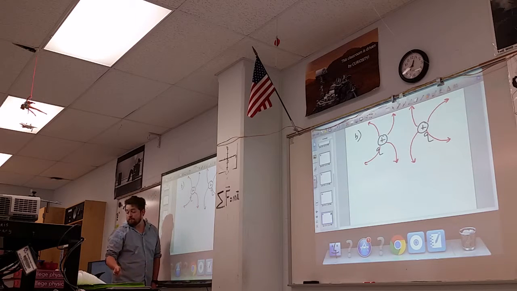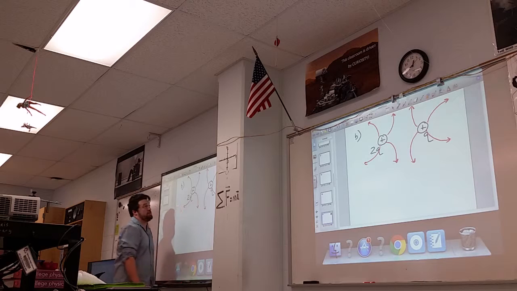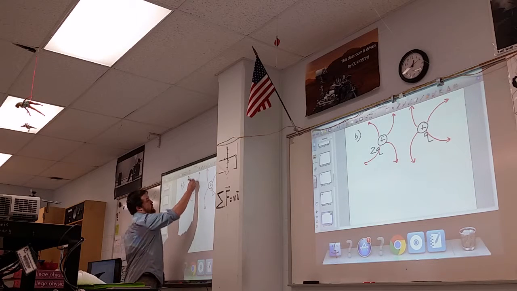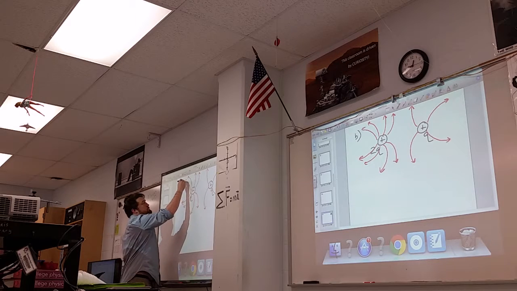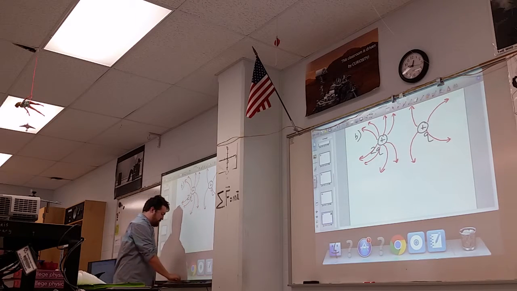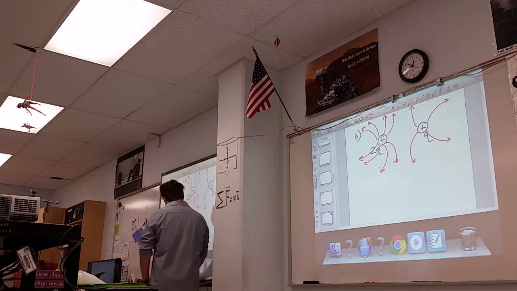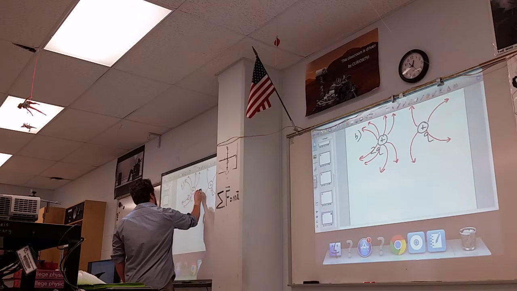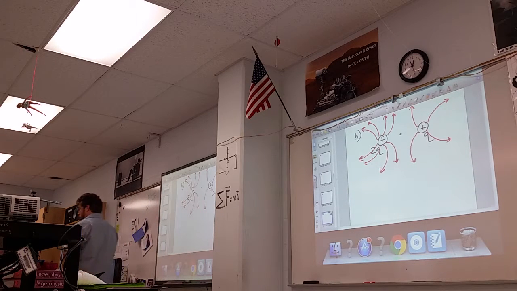The charge. This charge is 2Q now, right? So how many lines do I need coming out of him? Twice as many. I need twice as many coming out, right? Now, let me ask you this. At a point right in the middle, what would the E field be now?